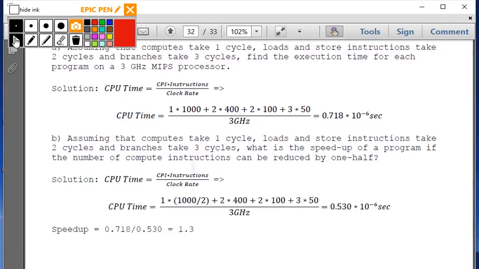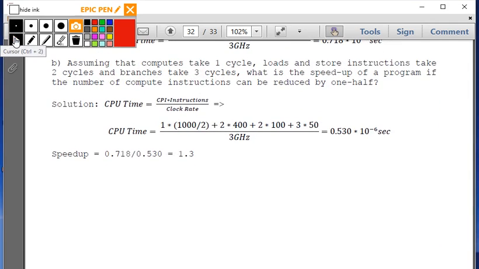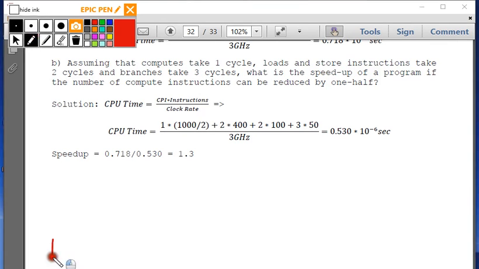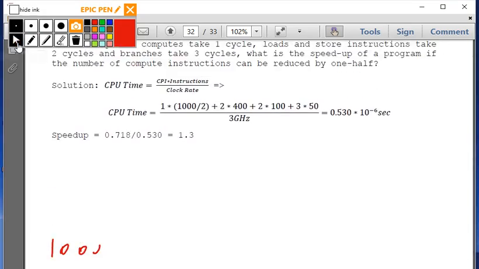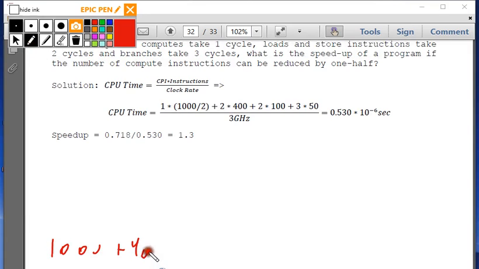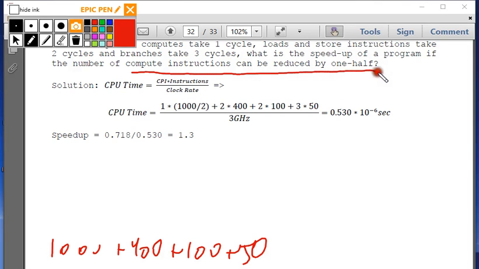So for part B, assuming that computes take 1 cycle, loads and stores take 2 cycles, and branches take 3 cycles. So again, we have 100, 400, 100, 50. What is the speed up of a program if the number of compute instructions can be reduced by 1/2?